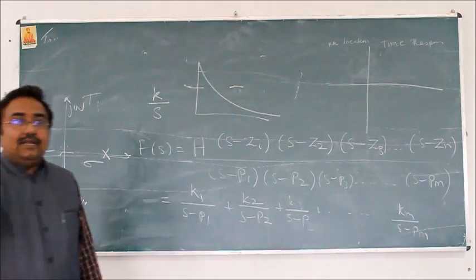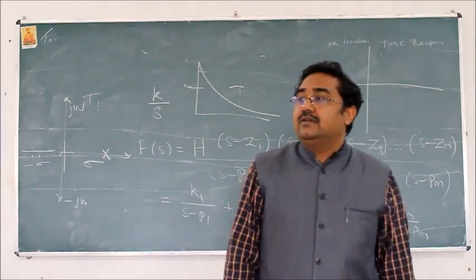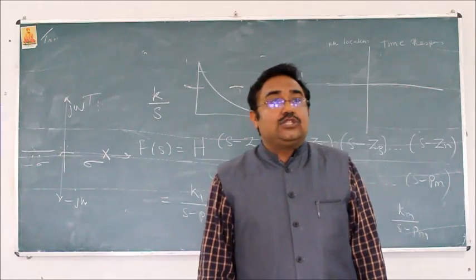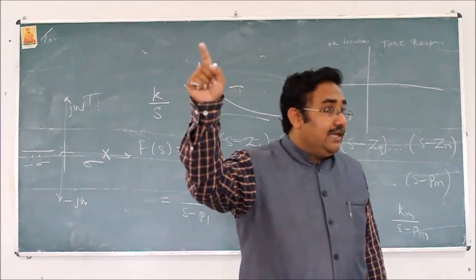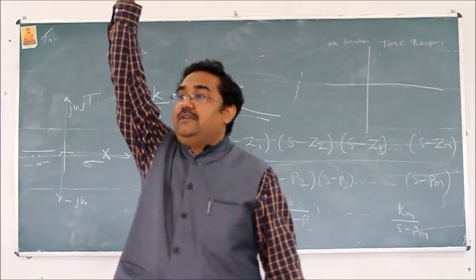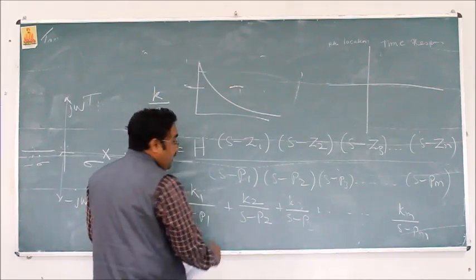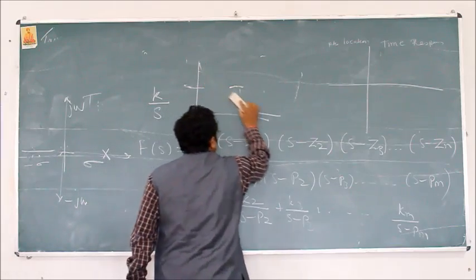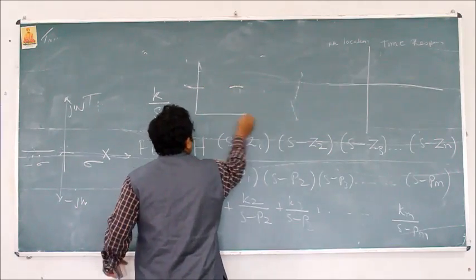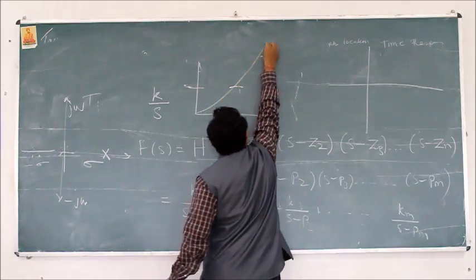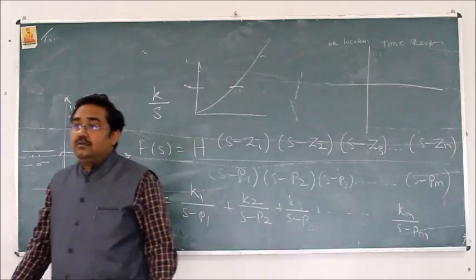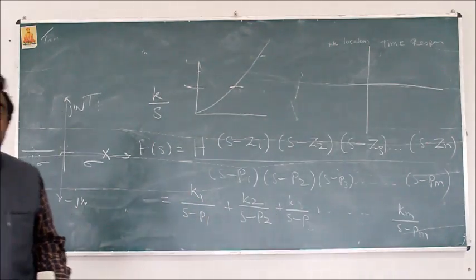So when I take the inverse of it, what will I get? K e raised to the power sigma t. So it is exponentially increasing. What type of response do you expect? Do you agree or not?